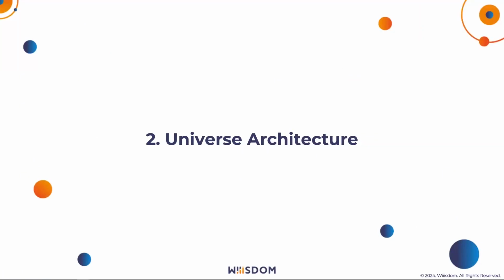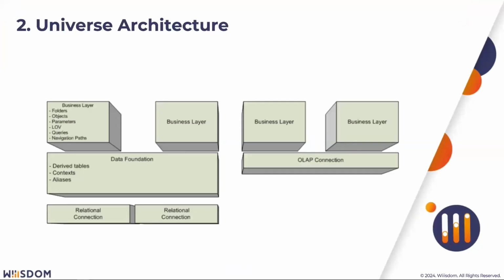So the universe architecture, and we're talking about the modern architecture, so UNX. You have at the base a connection. That connection can be an OLAP connection, just like a BW or any kind of OLAP connection, but more commonly, it is going to be a relational connection.